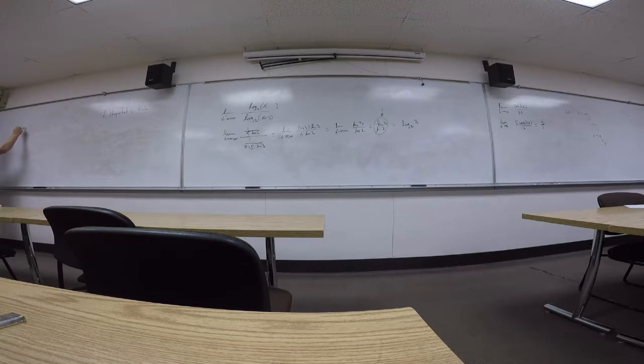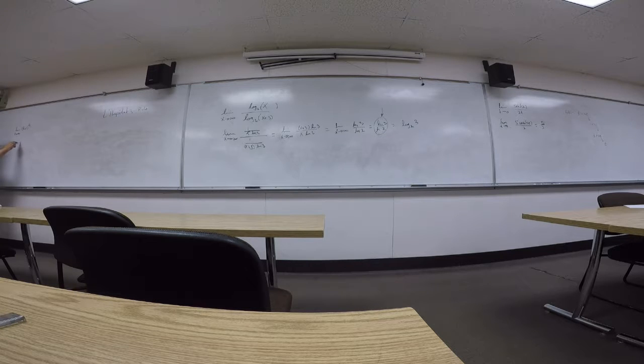The natural log of x to the 1 over x as x increases without bound. So this is of the form infinity to the 0. Doesn't behave very nicely. But if I have this indeterminate form, let's do this.